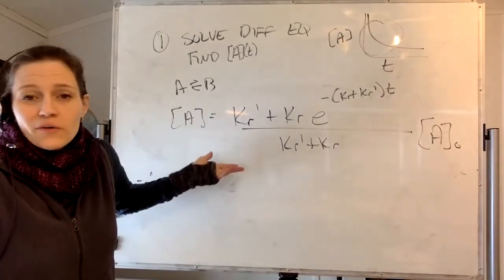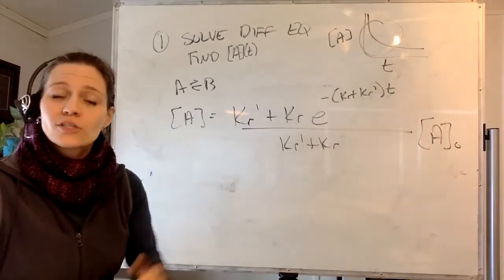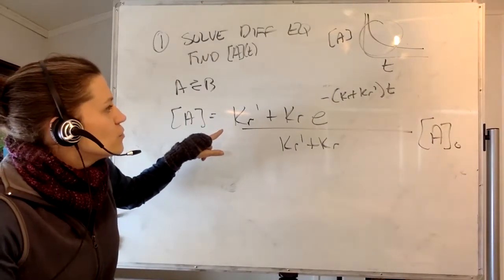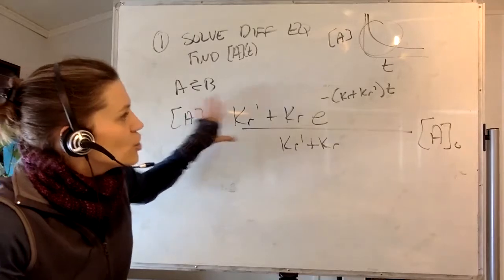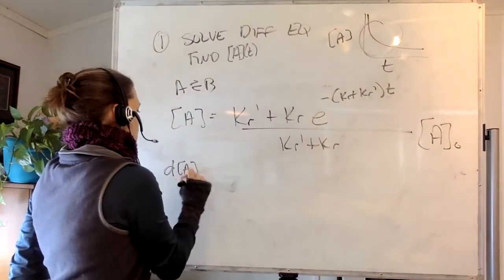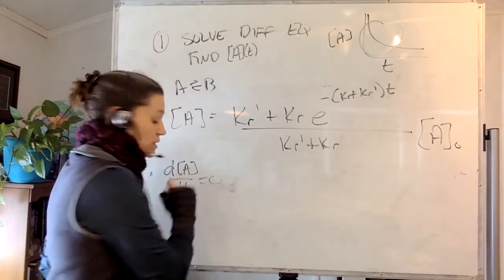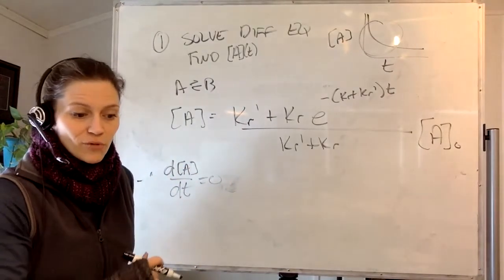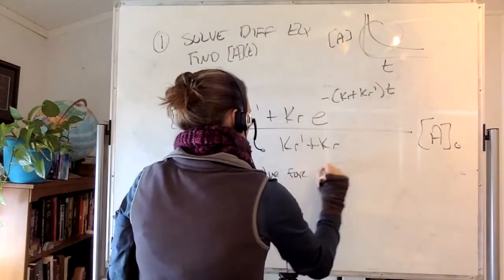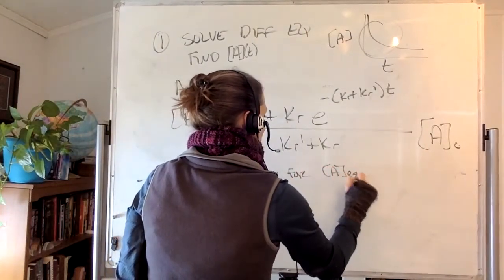Cool. We don't need to go through solving that. If you want to, God bless, go for it. But what we can do is we can say, all right, I know what this solution is now, and if dA dt equals 0, groovy, we're at equilibrium. So we can solve for the equilibrium concentration.